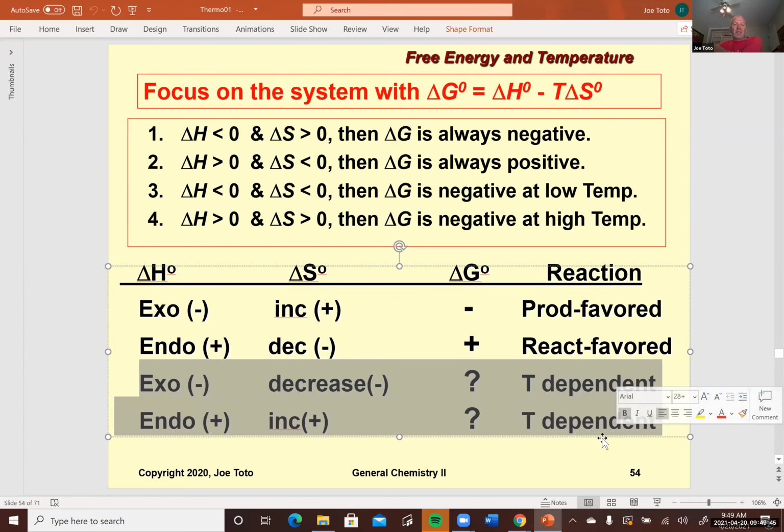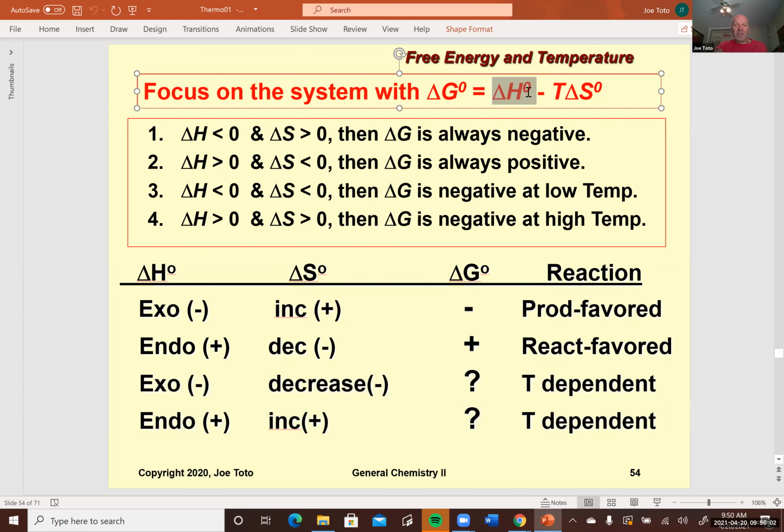So that's referring to these two cases on this plate here that are temperature dependent. And we saw that the temperature dependent cases are when delta H and delta S have the same sign. Either they're both positive or both negative. And when you look at it that way and you go back to this equation here, you can see how temperature is involved when, for example, delta H is negative and delta S is negative, because of this negative sign here, these two magnitudes are fighting against each other.